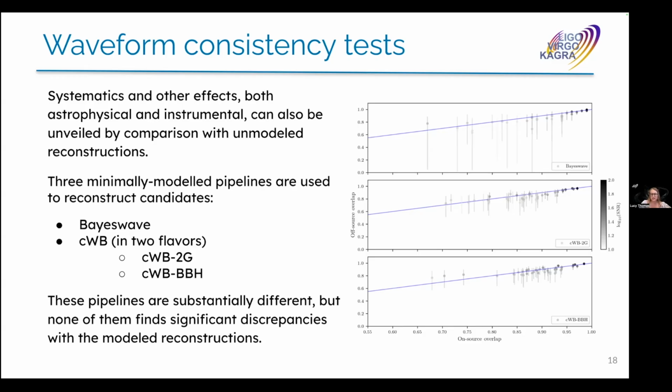And these 3 minimally modeled pipelines differ fairly substantially in how they reconstruct the signal, but none of them find significant discrepancies with the modeled reconstructions of the actual signal. So you can see the results for all 3 of those pipelines on the right-hand side. And we don't find any significant differences in the distributions between the off-source overlap and the on-source overlaps for any of the 3. So this signals that we are not missing any significant signal content in our models of the signals. And I'll pass back to Leo.